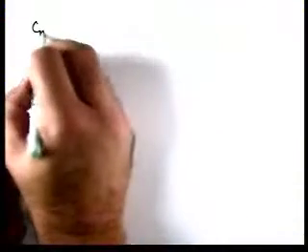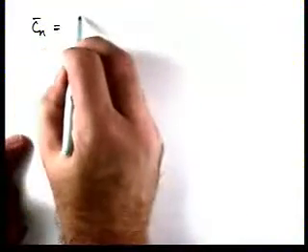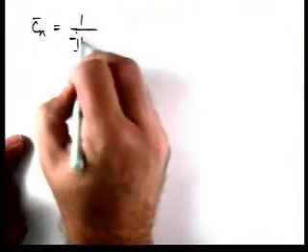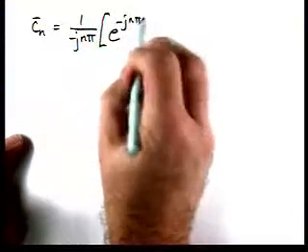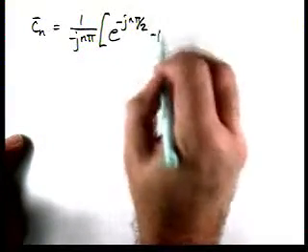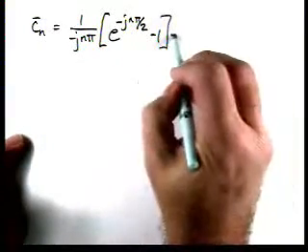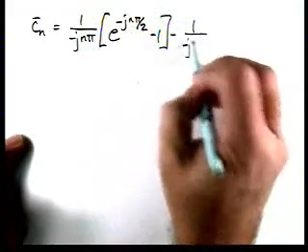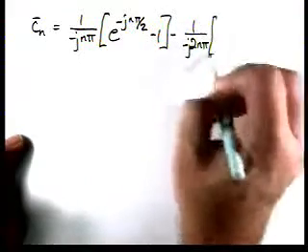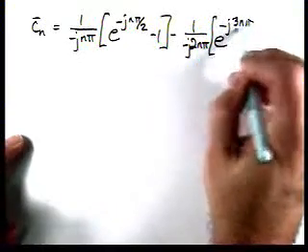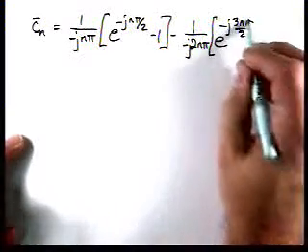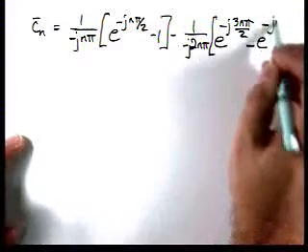So C sub n, then, we have 1 over minus j n pi, e to the minus j n pi over 2 minus 1, minus 1 over minus j 2 n pi, e to the minus j 3 n pi over 2 minus e to the minus j n pi.